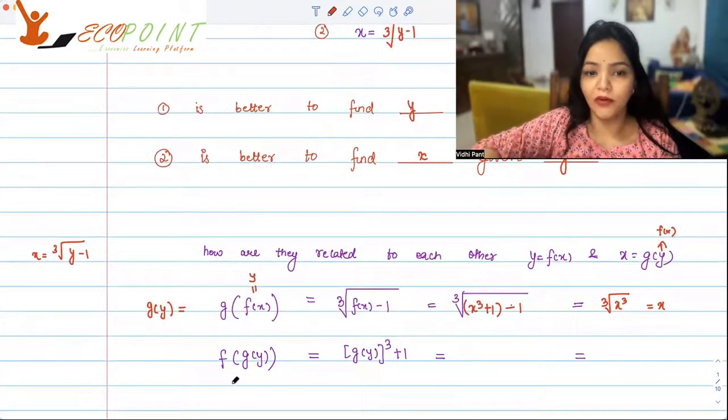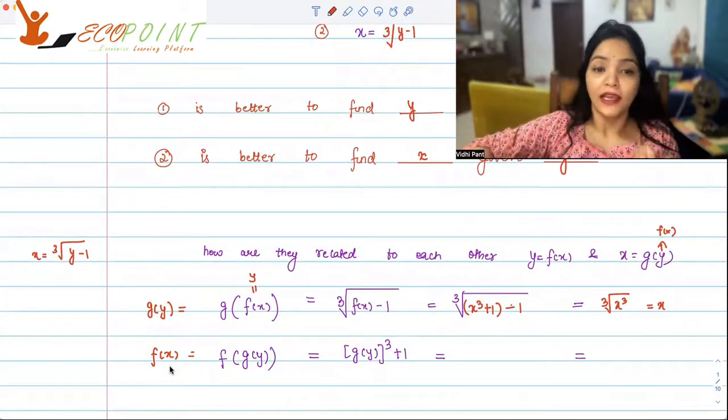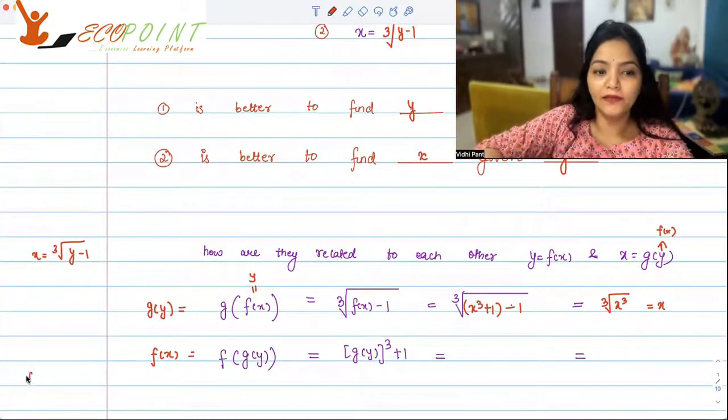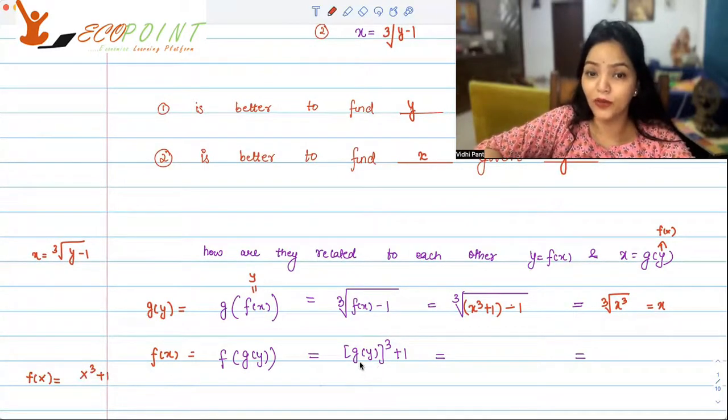Similarly, we are talking about f(x). We are saying that x is g(y), so f(x) is f(g(y)). Now, what is f of any input? f of any input is the cube of the input plus 1. So now the input is g(y), and you have g(y) whole cubed plus 1. What is g(y)? g(y) is the cube root of y minus 1.